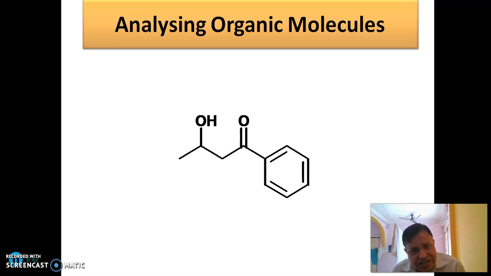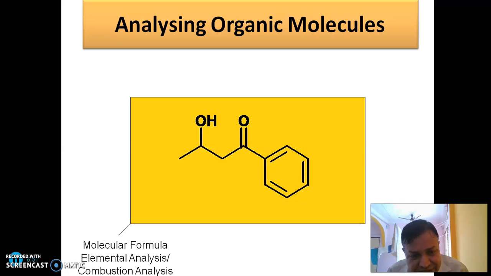From the analysis of this molecule, we can get different information from different methods. Through the combustion method, a conventional analysis method, we get information regarding the percentage of carbon, hydrogen, nitrogen, and oxygen. Molecular formula also we can predict with the help of combustion analysis.